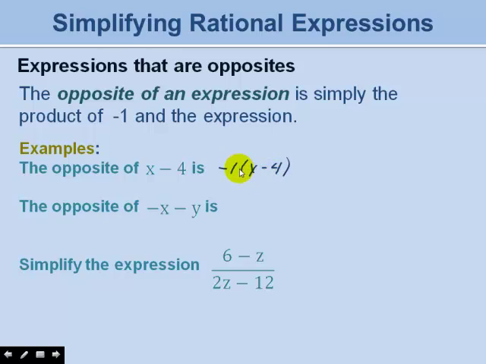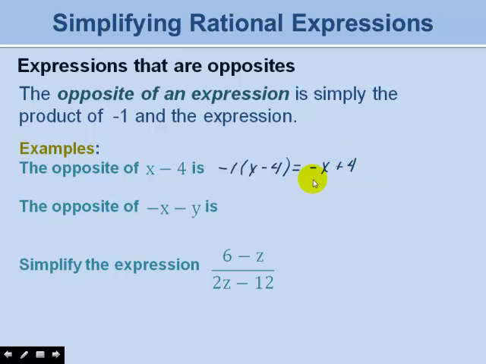Now since we're taking it times the whole quantity, we have to use the distributive property. So we multiply the -1 times both the x and the -4, and that gives us -x plus 4. So it changes the sign of both of these.